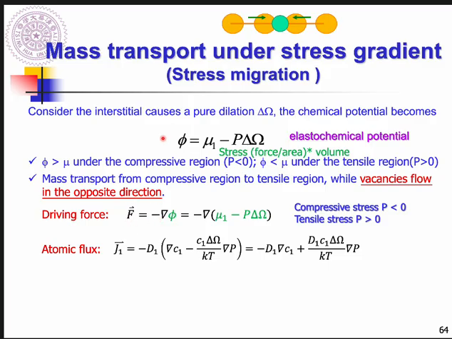Your driving force is the negative potential gradient. So you substitute this term: the first term obeys Fick's first law, and the second term has the mobility, concentration, and driving force.